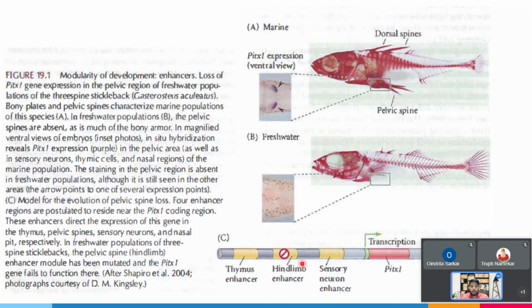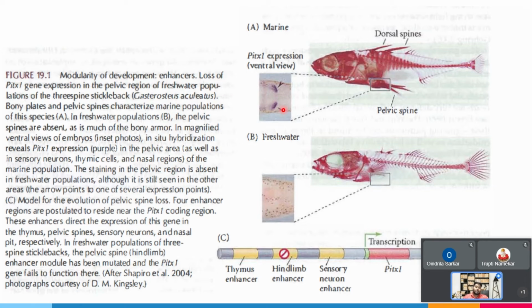For modularity we have the following examples. We are looking at the modularity of development in enhancers, with the example of a particular type of fish known as the stickleback: loss of PTX1 gene expression in the pelvic region of freshwater populations of three-spine stickleback.